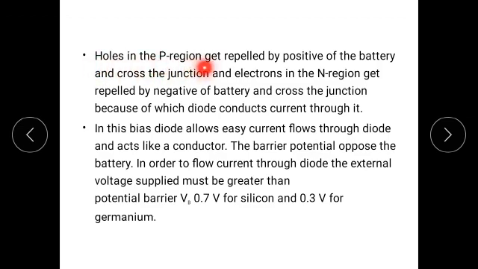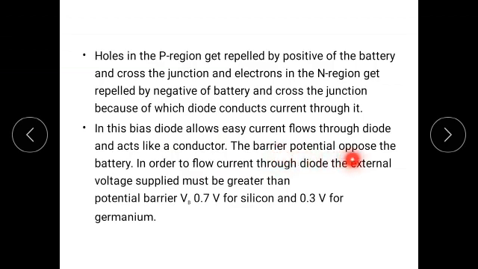And how does the forward bias p-n junction diode work? Holes in the p region get repelled by the positive terminal of the battery and cross the junction, and at the same time electrons in the n region get repelled by the negative terminal of the battery and cross the junction, because of which the diode conducts current. In this bias, the diode allows easy current flow, and therefore it acts as a conductor.